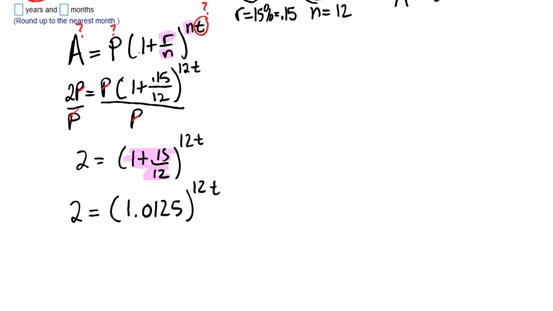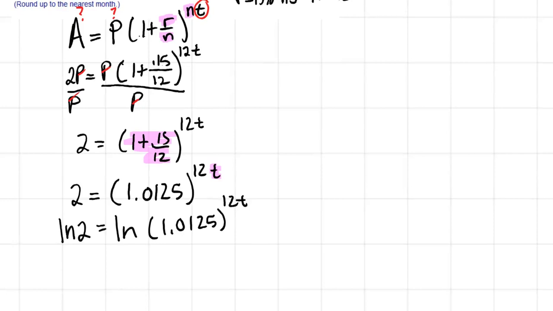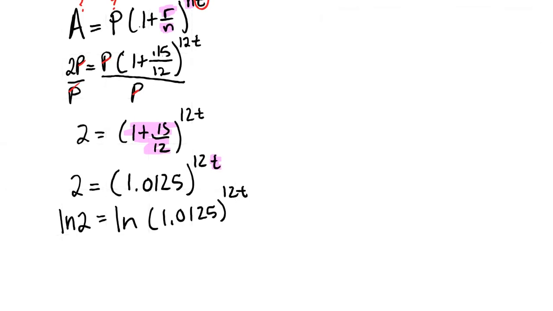So now I have an equation with only one variable, and that variable is in the exponent. So this is an exponential equation. I'm going to solve by taking the log of both sides, taking the natural log on the left and the natural log on the right. Because I have a log, I can use the power rule to bring that power out of the exponent.